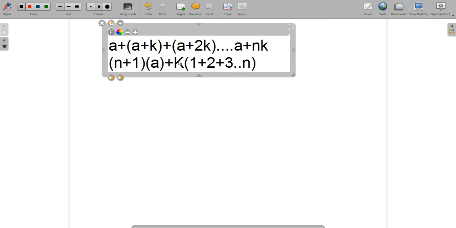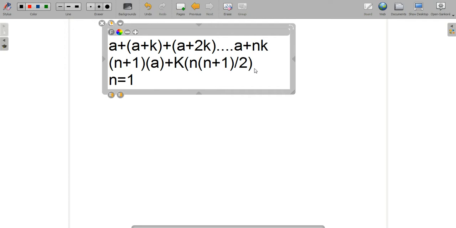And this is basically, if you recall, n times n plus 1 divided by 2, that simple addition formula. Okay, so now let's factor out n plus 1, and we get A plus K times n divided by 2. And I guess this is the formula that we got.